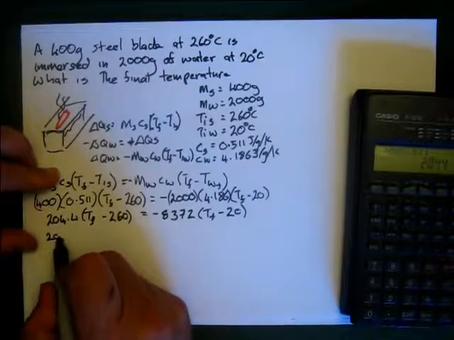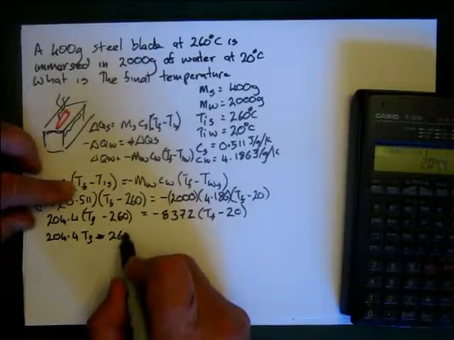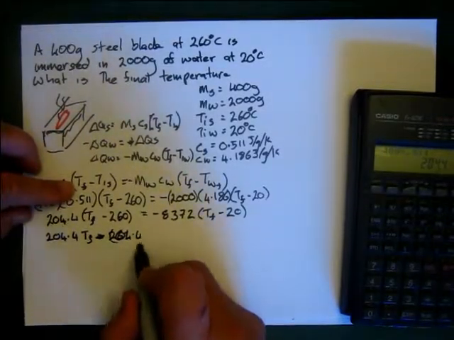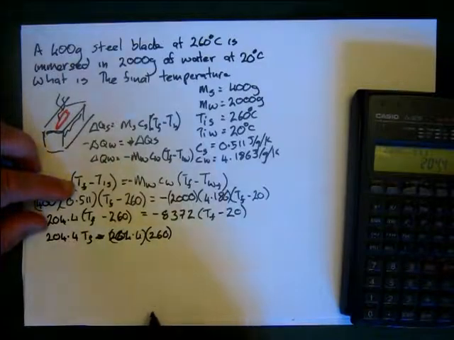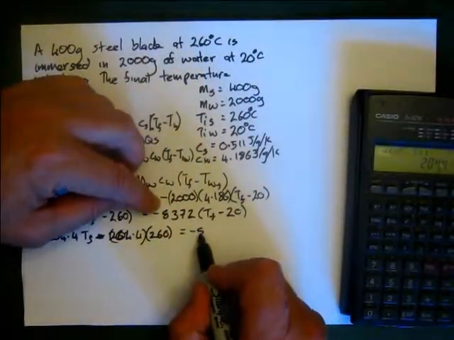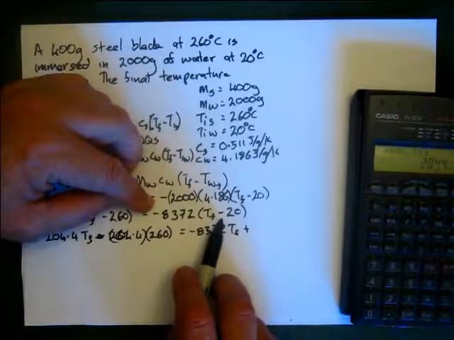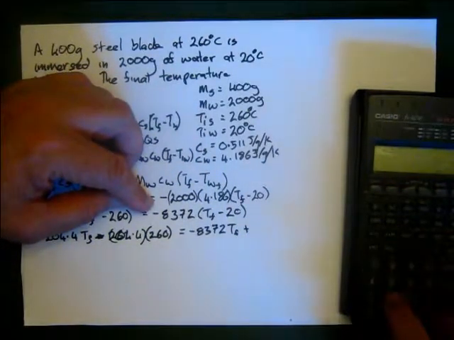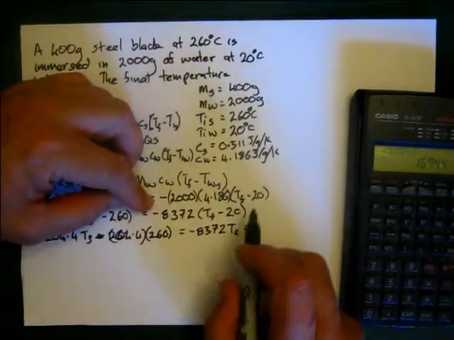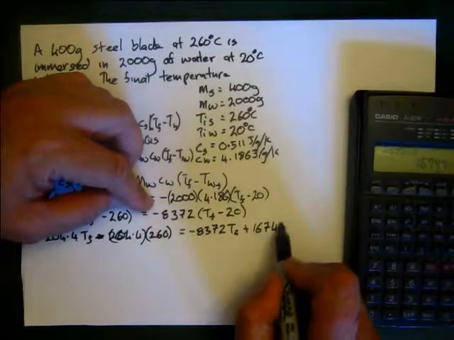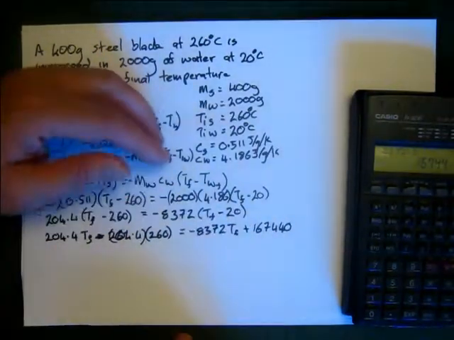So it's going to become 204.4 TF minus 204.4 times 260 equals negative 8372 TF plus, because remember minus times minus is plus, 8372 times 20, which is 167,440.